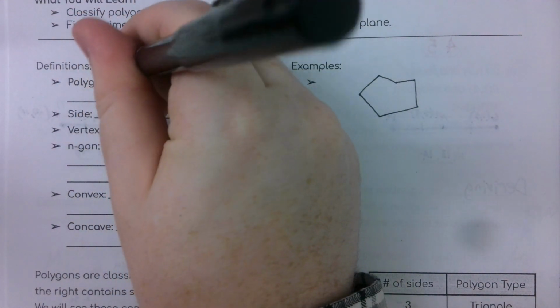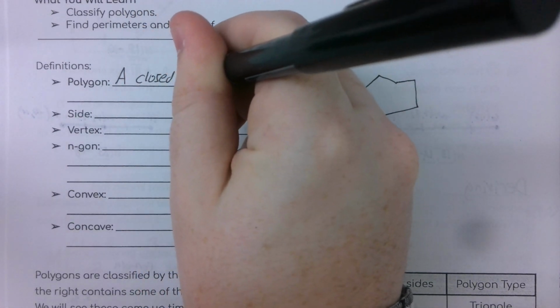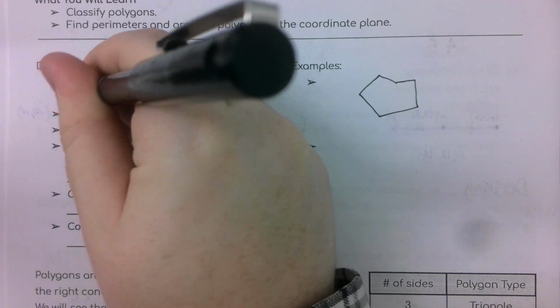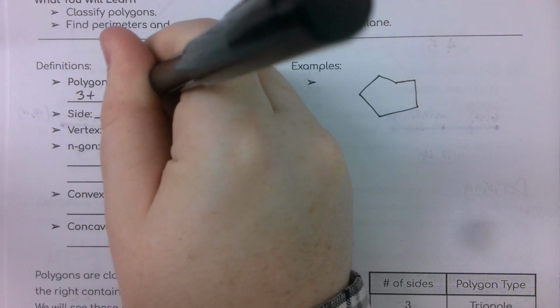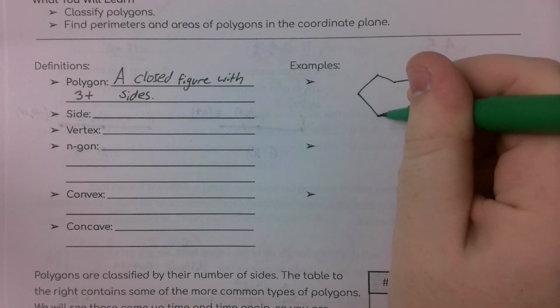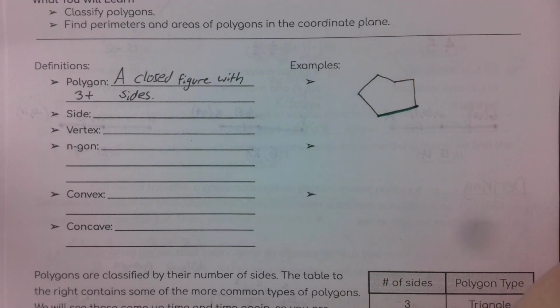So a closed figure with 3 plus sides. When we talk about the sides of a polygon, what we mean is we've got these little line segments that go around the outside of the polygon.